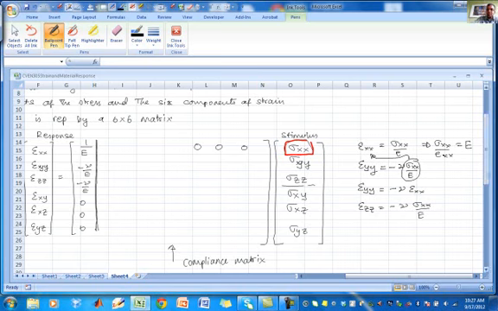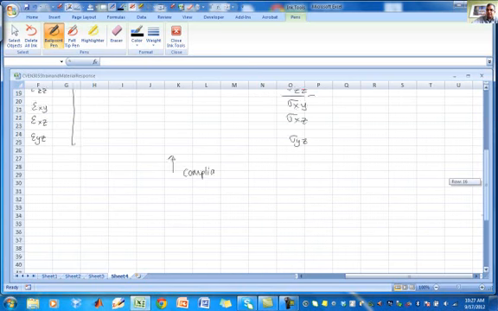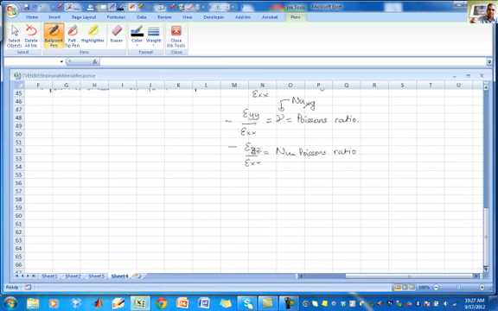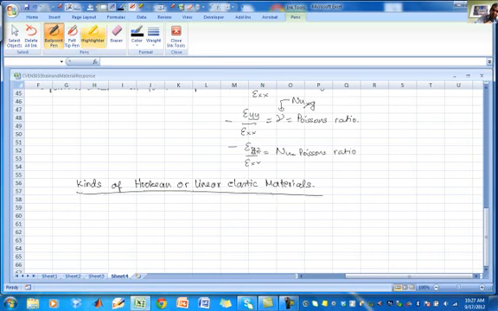So now, before we plunge into the details, I want to talk a little bit about different kinds of Hookean materials. Sorry, let me write it down.